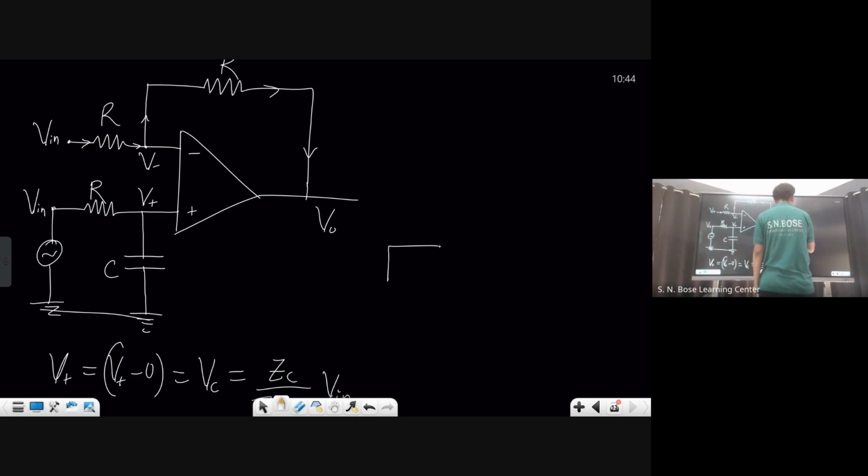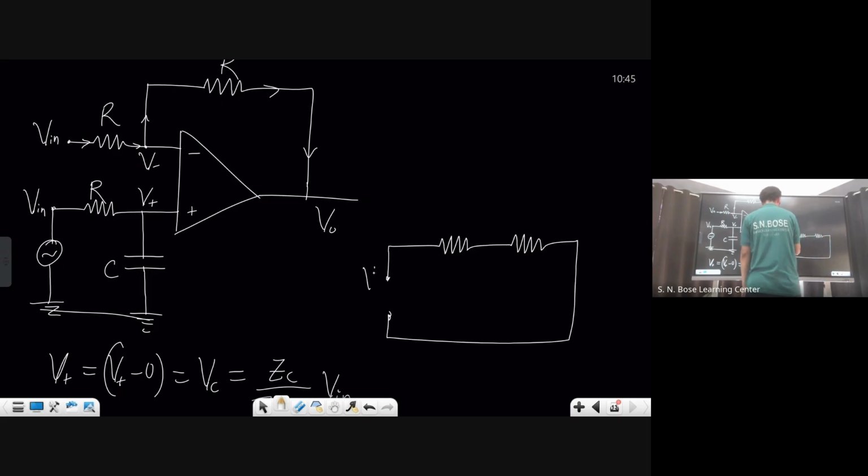V in, R here, one more R here, V in here, V naught here. Find the current, assuming current is flowing like this. What is this? R, R. Current is nothing but higher minus lower, V in minus V naught divided by 2R.